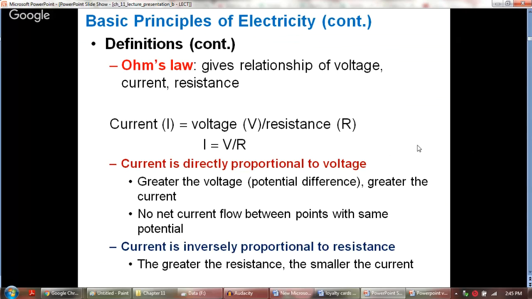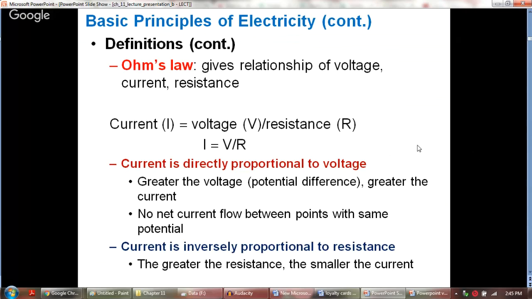There's an important fact that there's no net current flow between points with the same potential. For instance, if one point is at 70 volts and another point is at 70 volts, the difference is 0, so there is no net current flow between those 2 points.